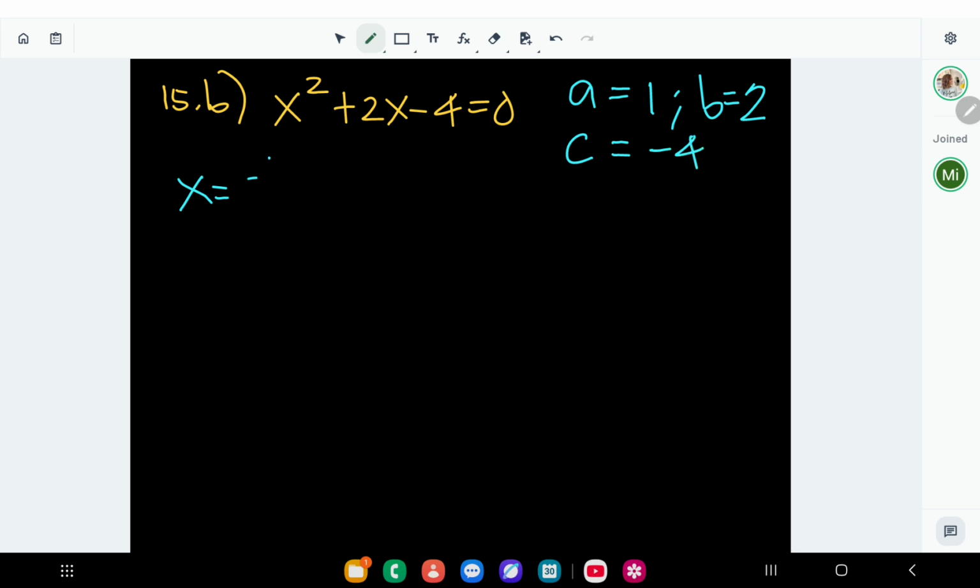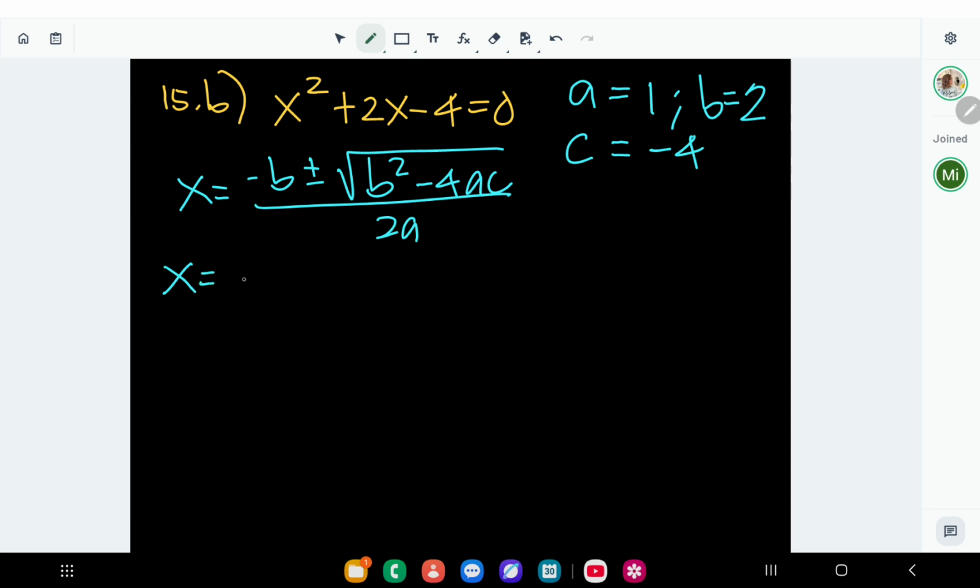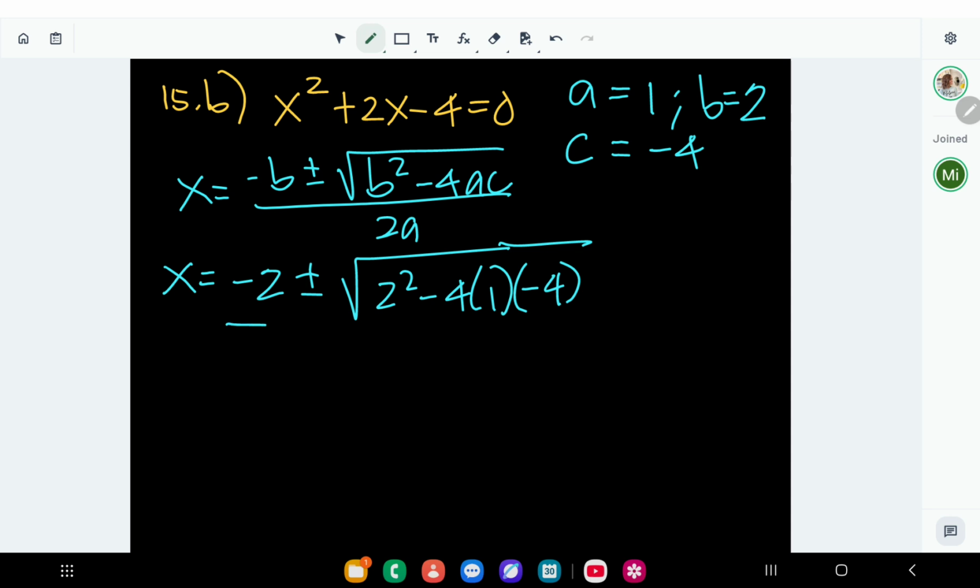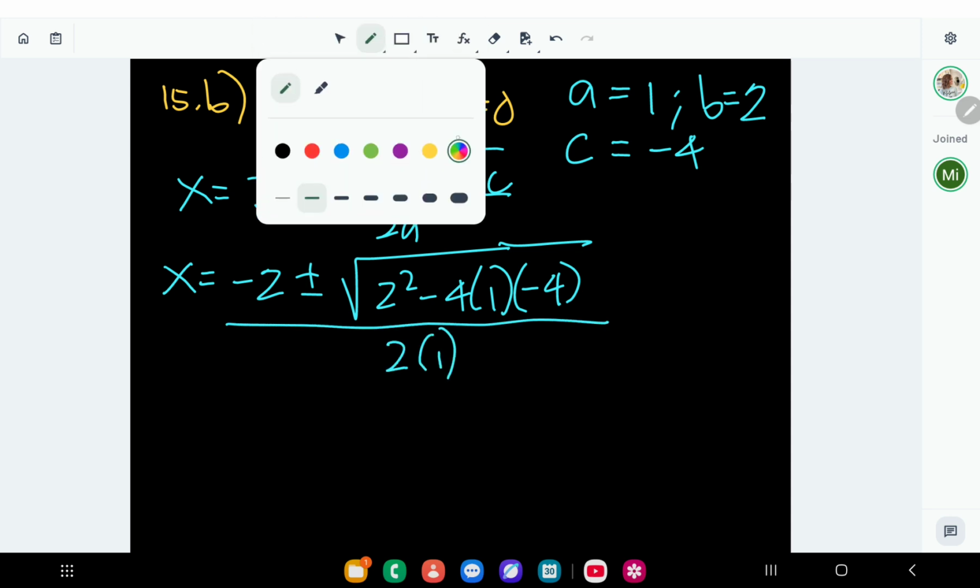So that would be negative b plus minus square root of b squared minus 4ac over 2a, and then you plug in all the values. So negative 2 plus minus square root of 2 squared minus 4 times 1 times negative 4, over 2 times 1. Then you simplify that.